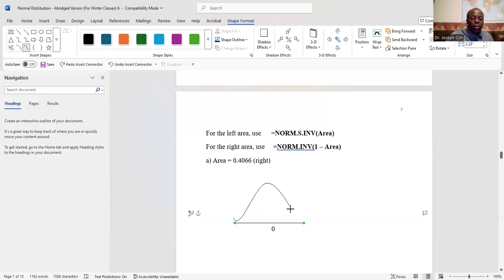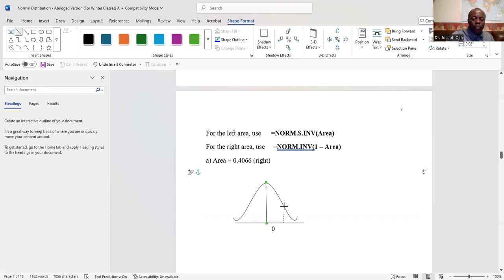This is it right here, and then you have the center line. Whenever it is close to 0.5 like this, it's showing the area between 0 and that value.